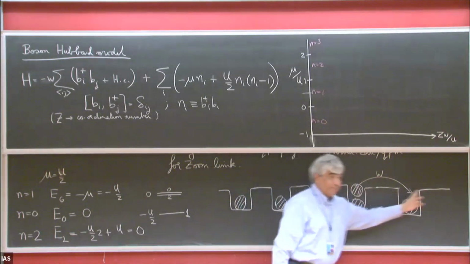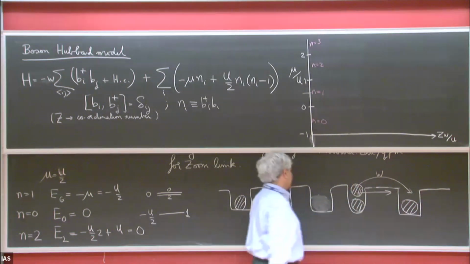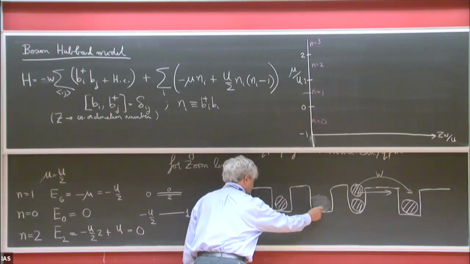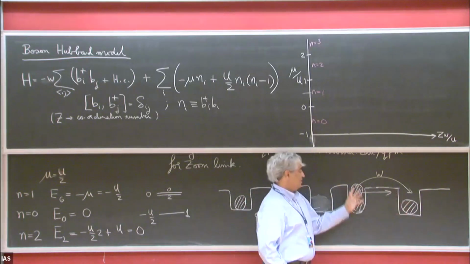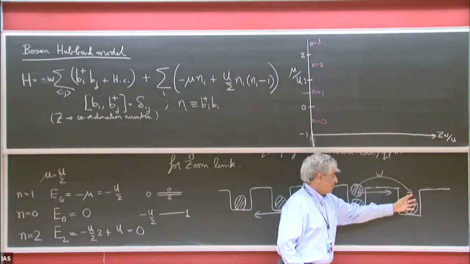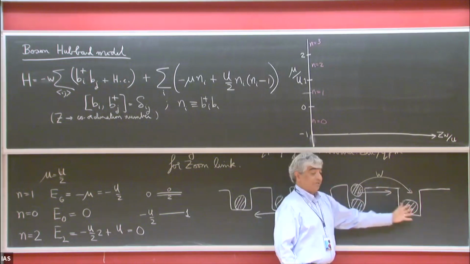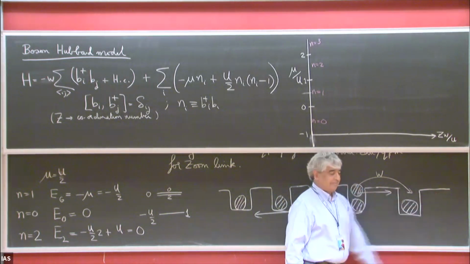This thing can move freely. So this just starts to move. And similarly, this hole can also move freely. And the reason there's no energy cost is, of course, you already paid the repulsion cost here. And once you go there, it's the same energy. The on-site energies are the same. So you have to treat this with degenerate perturbation theory.